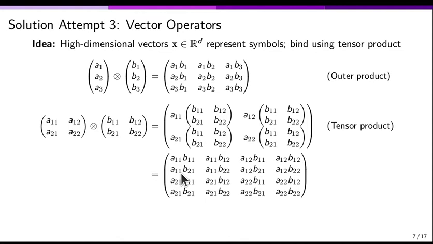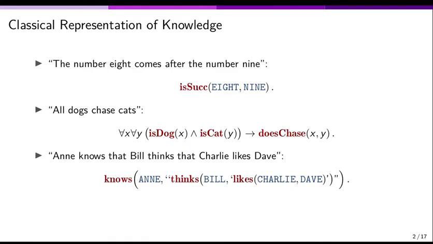So lots of stuff we've been doing shows how that sort of approach could address Jackendoff's challenges and things like that. But as you combine more information, this gets really big. So scaling is d to the n if you have n recurrent binding operations. Which again, maybe that's fine. Maybe that's why humans have difficulty with sentences like Anne knows that Bill thinks that Charlie likes Dave.